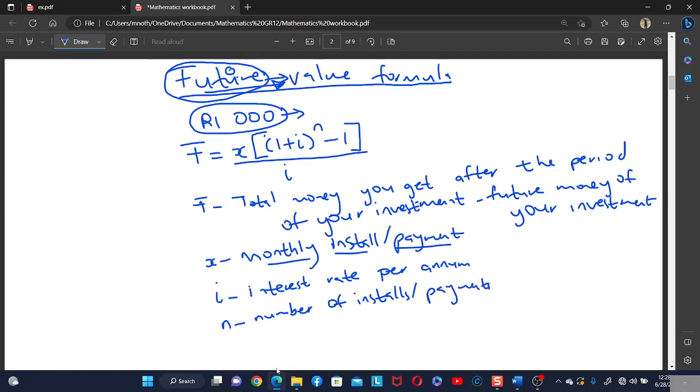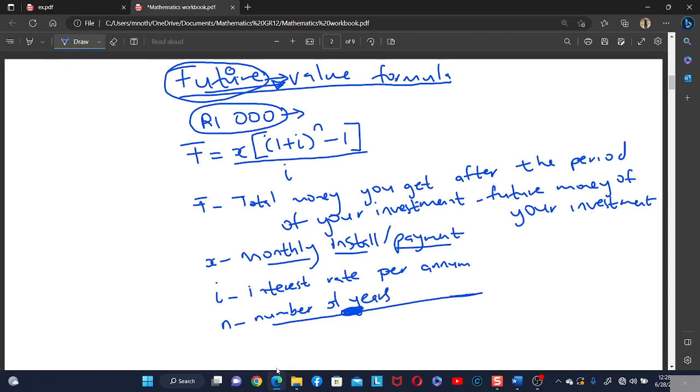Okay, so actually here it is the number of years. This one is the number of years. Actually, n is the number of years that you will invest, for how many years? Okay, number of years.